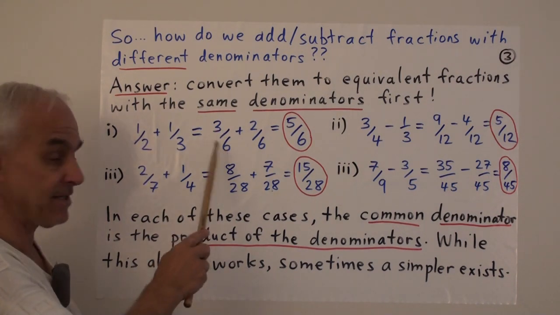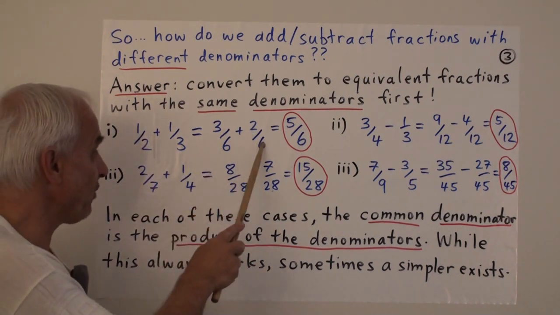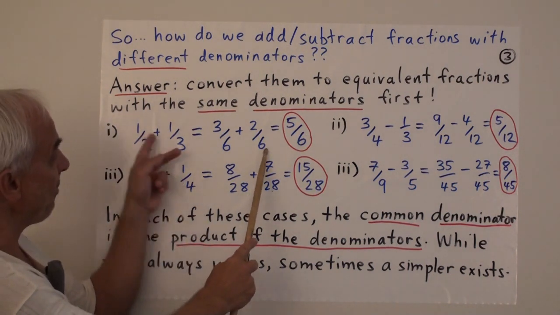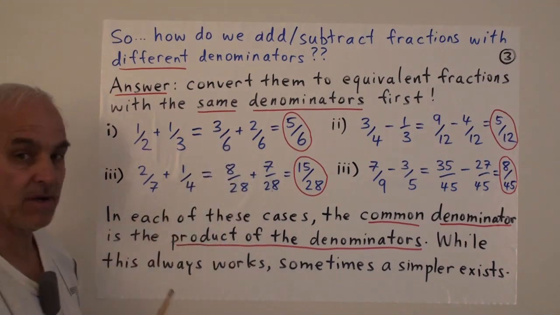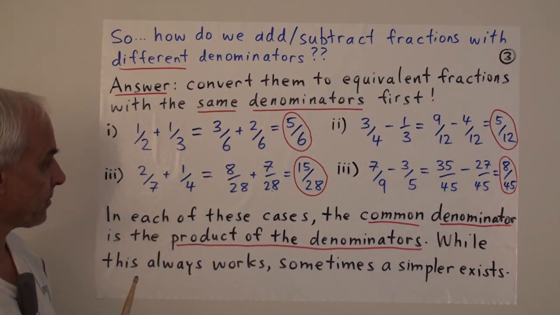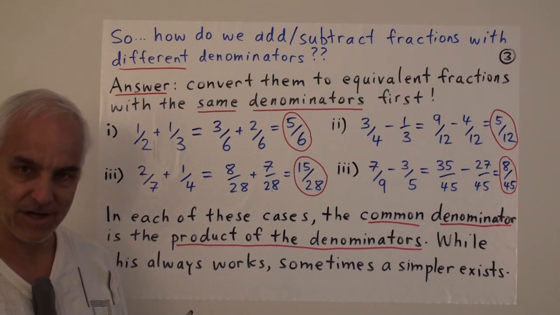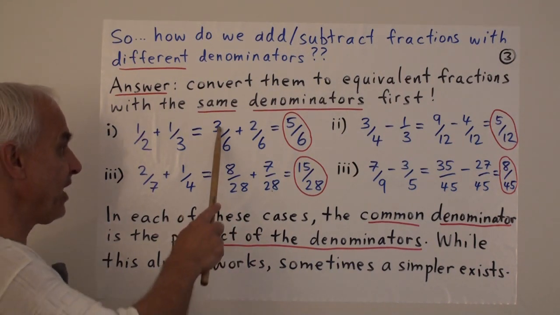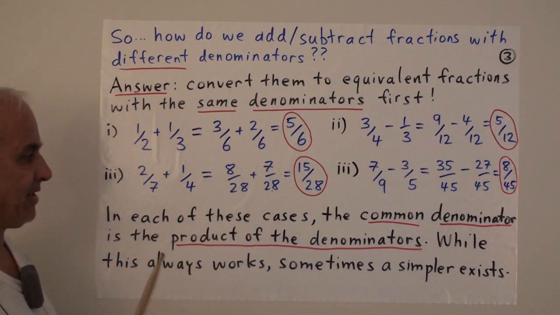So 3/6 is the same as 1/2. And similarly 2/6 is the same as 1/3. Why is that? Because we've multiplied top and bottom here by 2 to get 2/6. Now we are in a position of having 2 fractions with the same denominator, so now we know what to do. 3/6 plus 2/6 is 5/6, and so that's the answer.